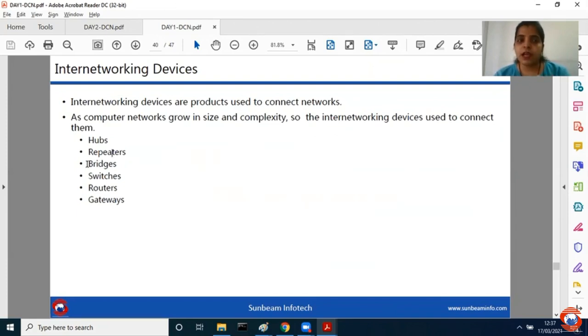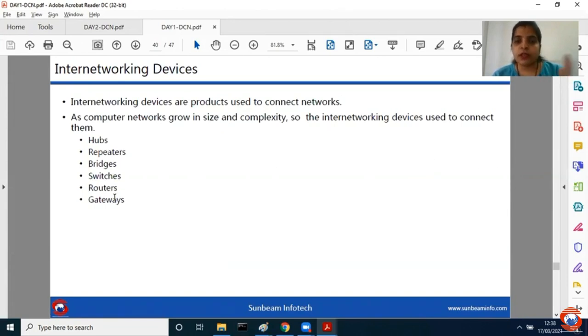But if I have more devices than that, I may go for a bridge. A bridge is also an intelligent device; by keeping a routing table, it can make some intelligent decisions. But if I have a very large network, I will avoid the bridge and go to a switch, because a bridge has only 16 ports, that is limited ports. If I have more than 16 machines to connect, I will go for a switch. A switch is generally used whenever I want a larger network.